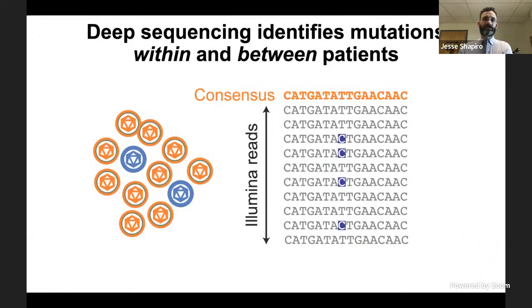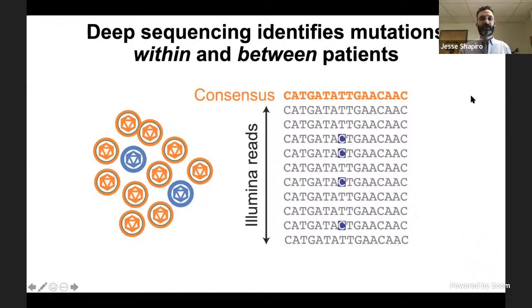Okay, also just making the distinction if we're doing deep sequencing, right? So typical Illumina sequencing, you're probably familiar with, you get very redundant sequencing. You get a whole bunch of Illumina reads, if you sequence at a good enough depth, that cover a given position in the genome.